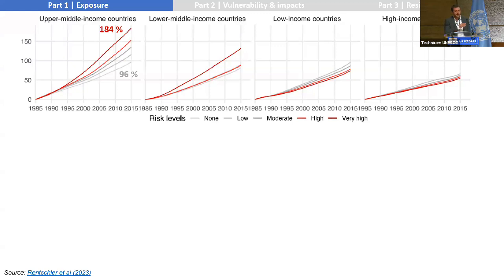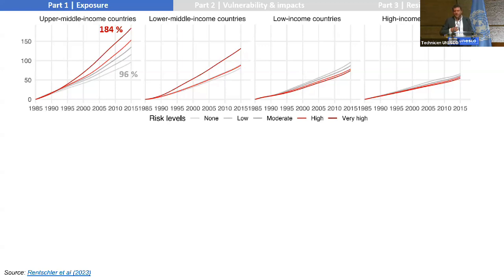If we look at the charts which focus on the middle-income countries to the left, what you're seeing is that urbanization in risky areas is massively outpacing urbanization in safe areas, right? We see a slightly different picture in low-income countries, but there the urbanization rate is still more nascent, so this is a good time to actually intervene and try to avoid the pattern of risky urban growth.